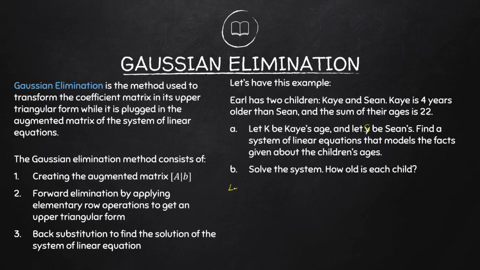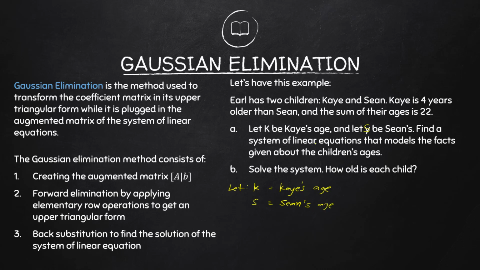So let K be equal to Kay's age. This is an example of an age problem in algebra, but we are going to solve it using Gaussian elimination.